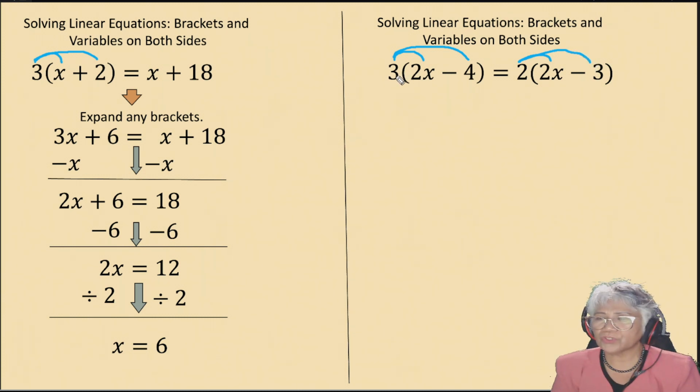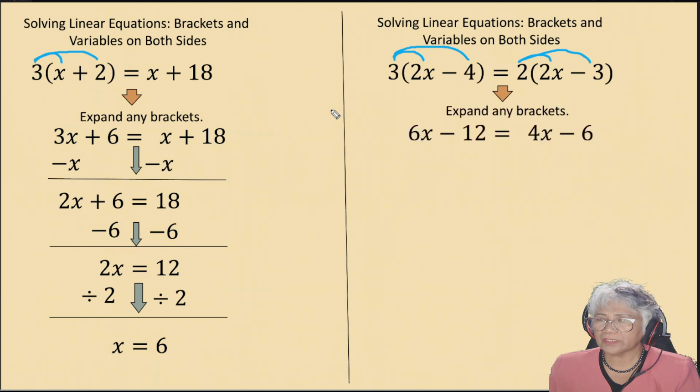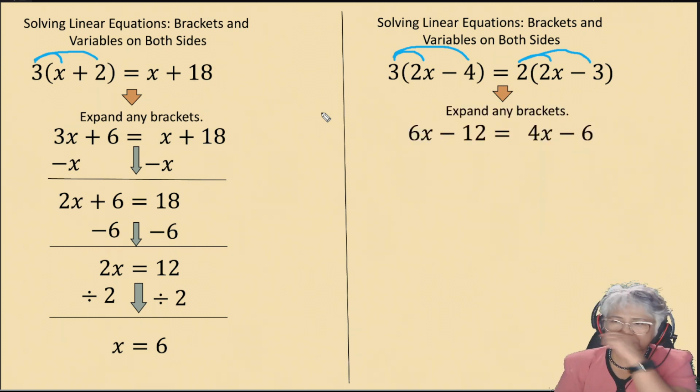So this will give us 6x and negative 12, and then 4x negative 6. So that's the result. So you have expand the brackets, so you have 6x negative 12 and 4x negative 6.